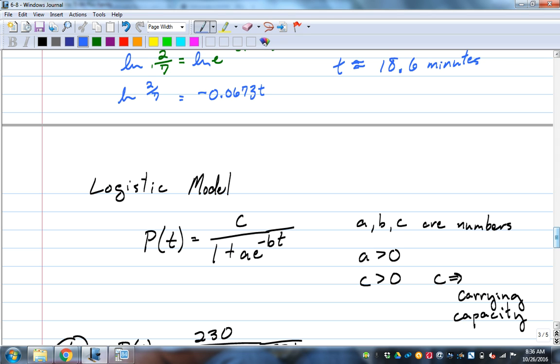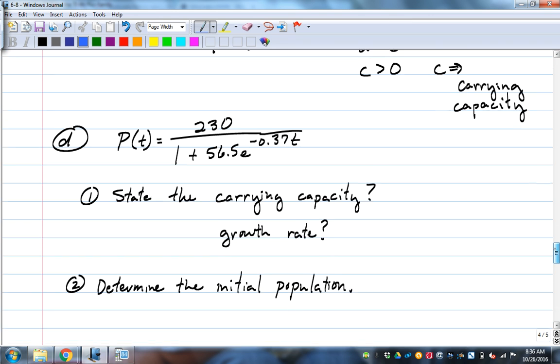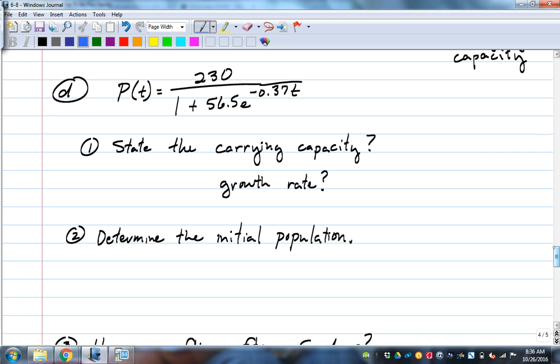Okay. All right. So let's look at a logistic model real quickly. And we want to answer some questions about it. Okay. So here is our function. What's the carrying capacity? 230. Just look at it. What's the growth rate? Negative 0.37.